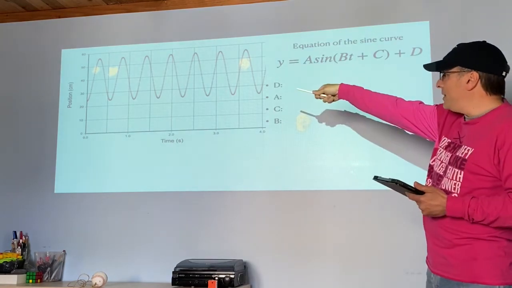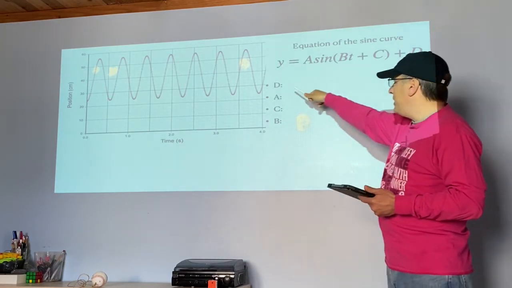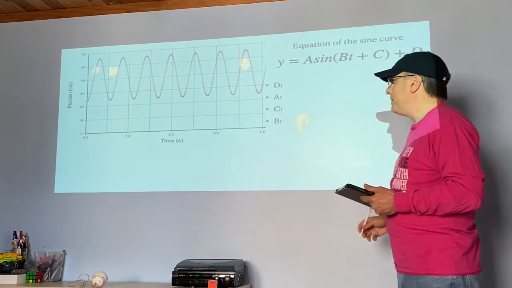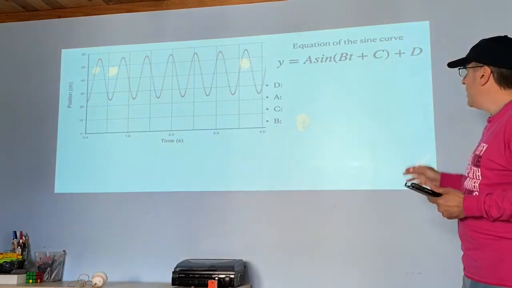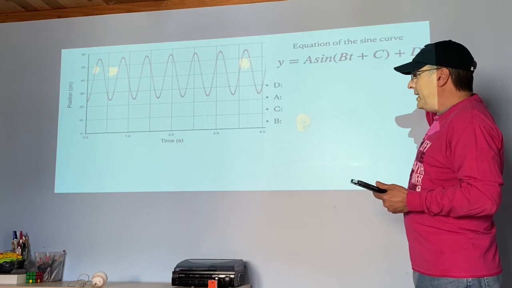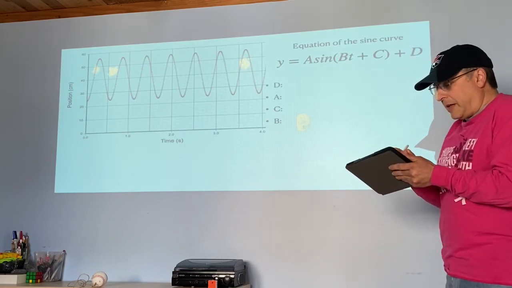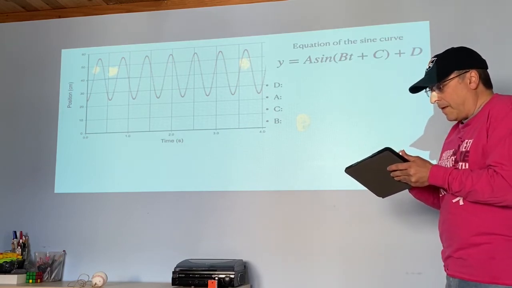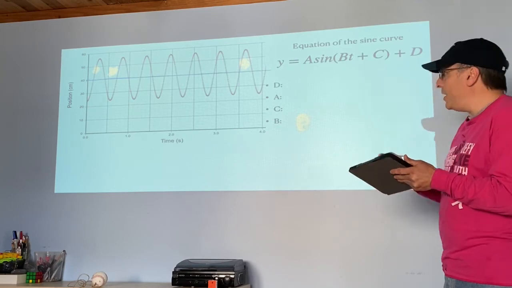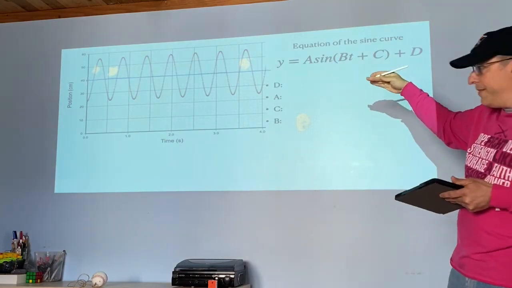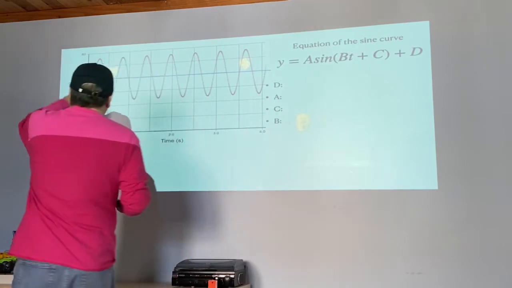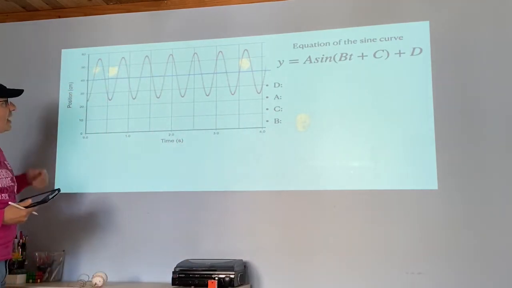I'd like you to take that graph and figure out the D, the A, the C, and the B. Okay, so the way you do this is start with the D. I think that's the easiest. Same as I've had with all of them. Find your D by cutting the sine curve in half. Make sure that half is above and half is below that line.